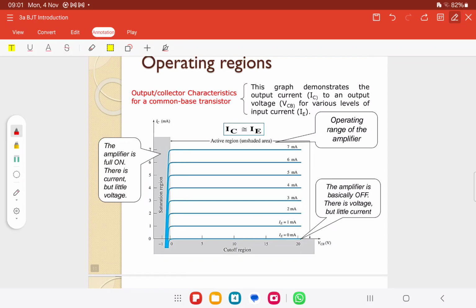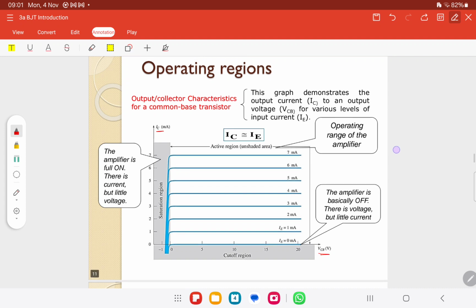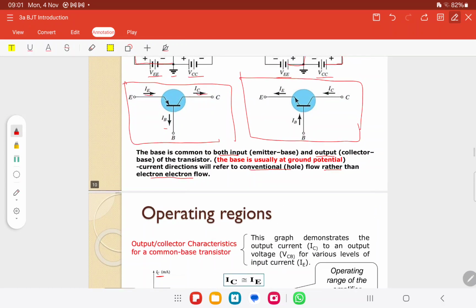Or this one, you guys are already used to seeing in chapter 2, the IV characteristic. But this is more detailed because we have a value for each of the terminals. Previously in chapter 2 it was just I and V. Now we have IC and VCB. Okay, VCB's position is here: plus, minus, plus, minus.